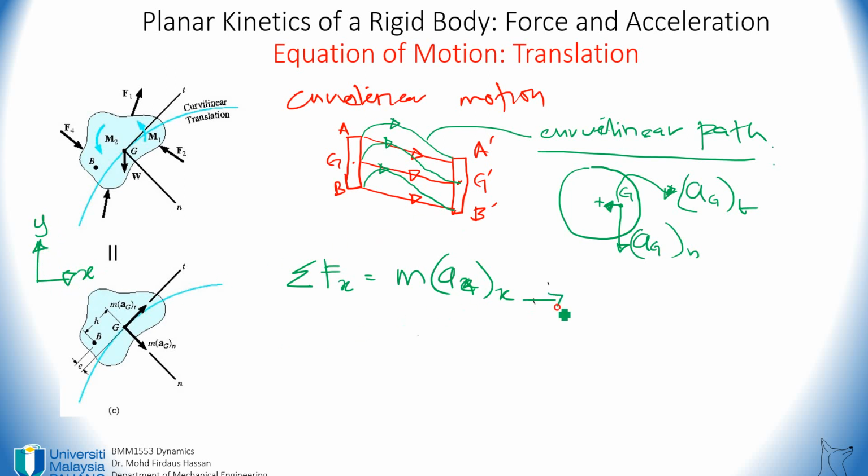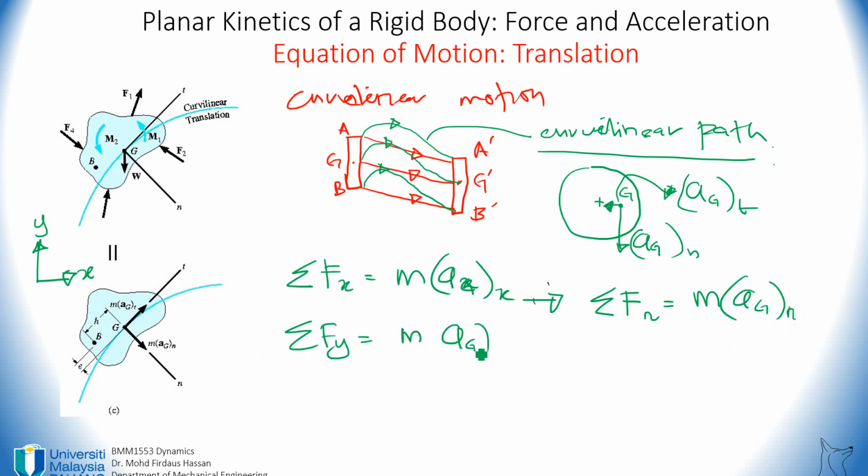You can change it to the summation of F in normal equal to m a_Gn, and instead of the summation of F in y equal to m a_Gy, you can change it to F in t. But you cannot simply change x to n and y to t.